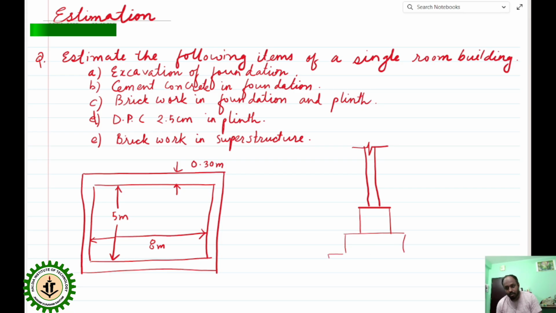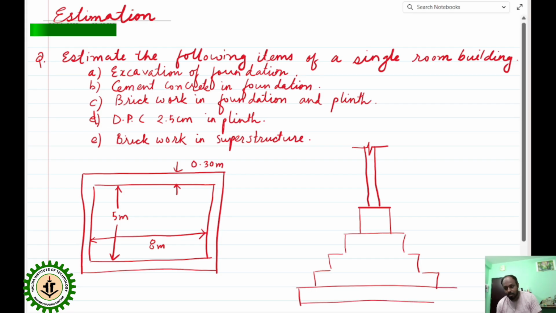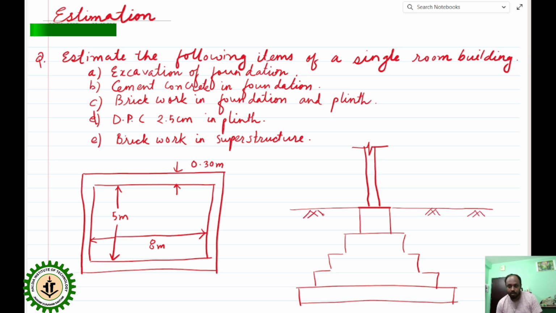First footing, third footing, and last one is this ground level. This height is 2 centimeter.